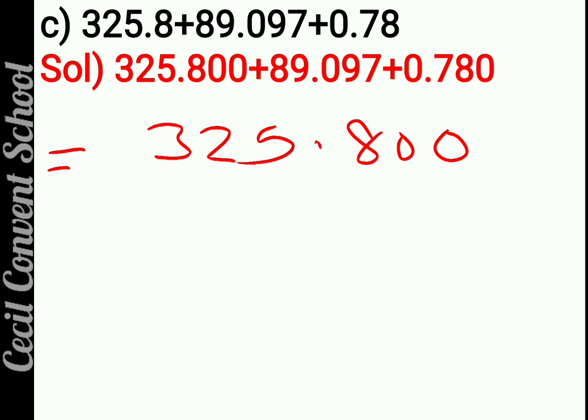After putting the 0, we will add it because all the numbers we have to plus. So firstly we write 325.800. Clear? Now 89, we will not start from here. Firstly put a decimal here. After decimal there are 3 digits, so you write it firstly here.